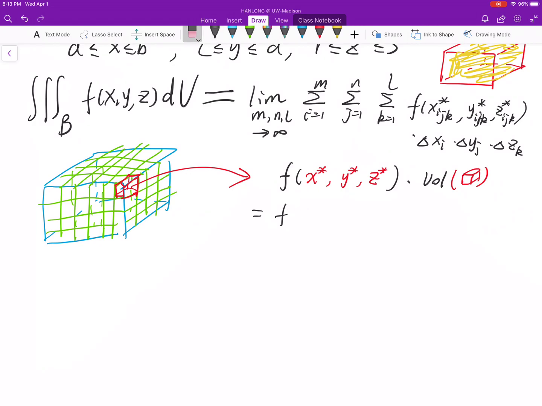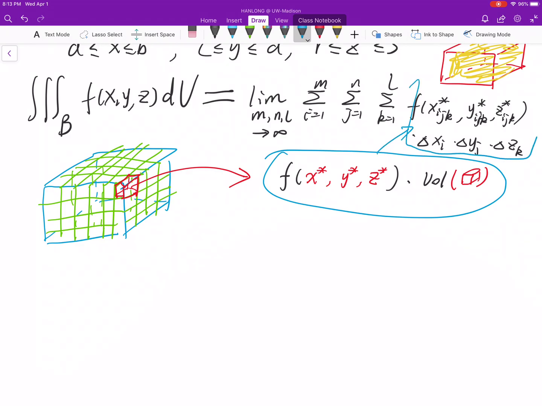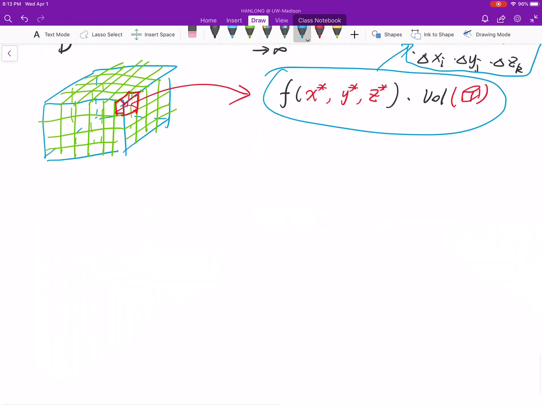So there will be these terms here. Of course, you need to take the limit because when you do this approximation, you always have error. But if you cut finer and finer, infinitesimally small, you expect that will be your correct answer.